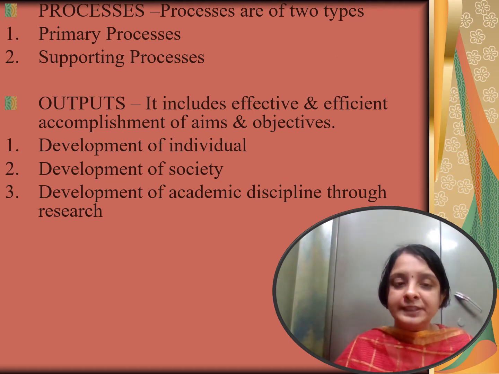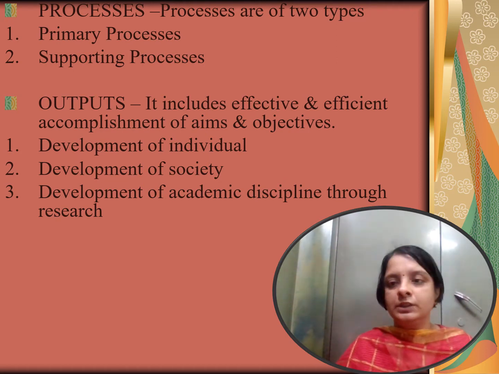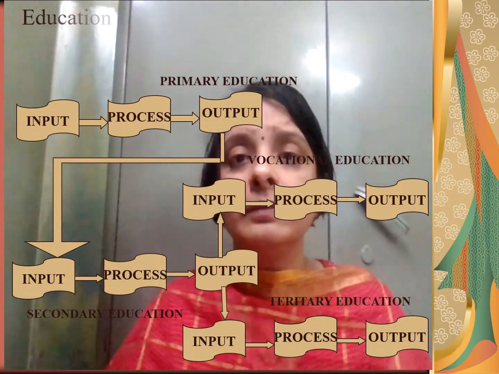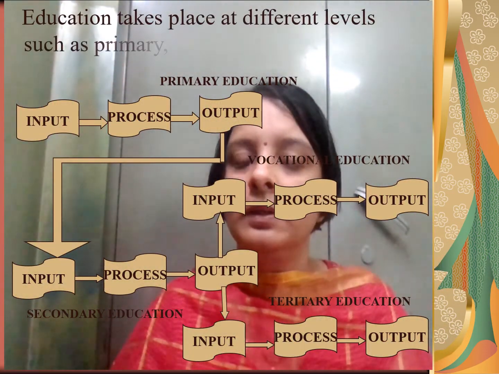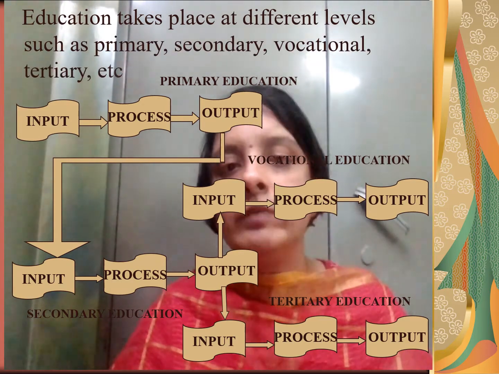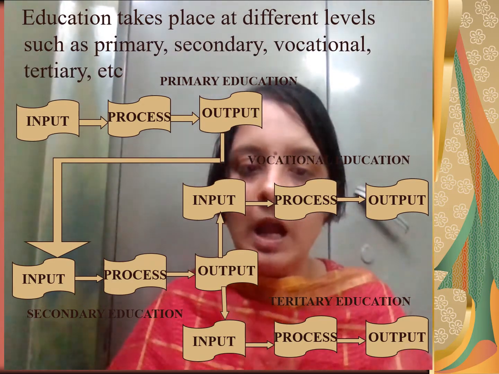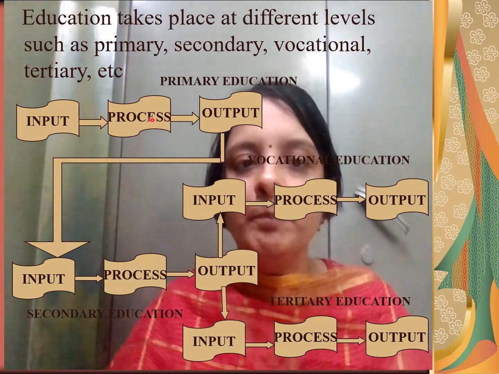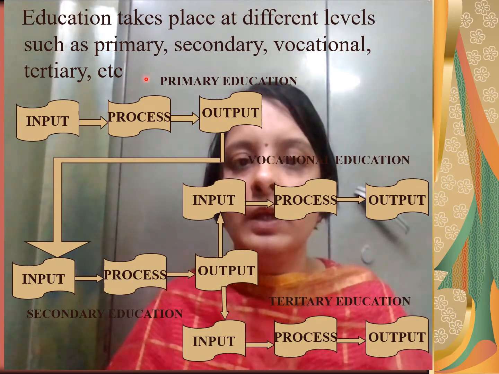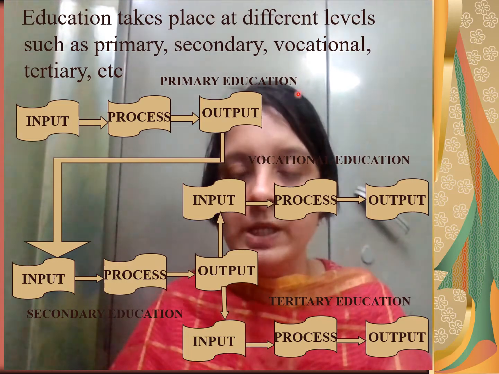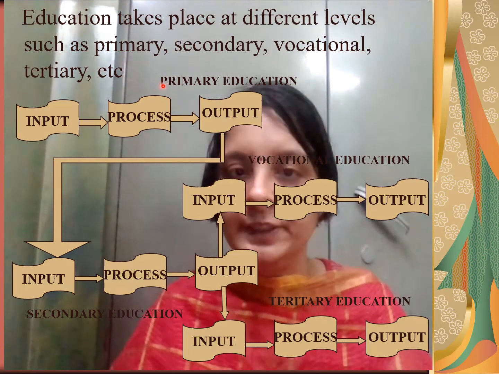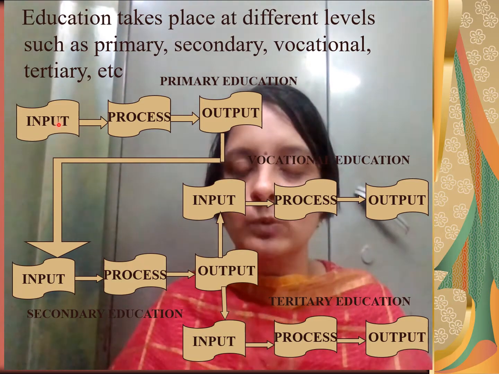Right? Now let's see this again in a bigger form, with levels of education. So there will be input, there will be process, there will be output, as I have already said. Now when I say input, process, and output within the primary education, that means the child has gone to the first standard, that is the input within the school.